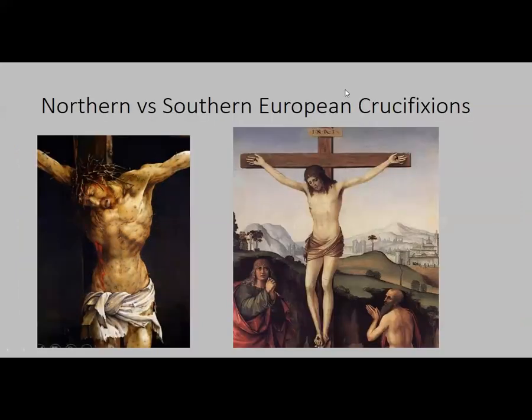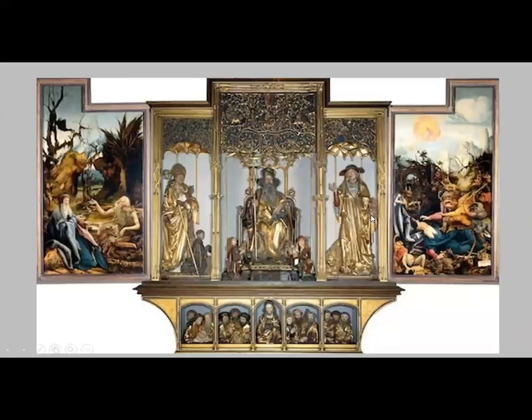But in Southern Europe, Christ looks like, hey, look at me, look how clean I am, I'm just hanging out waiting for tomorrow. And then this one is like, I'm really dying here, my body's rotting. So they're like, Germans, gross. Southern Europeans, I took a bath, I'm nice and clean.